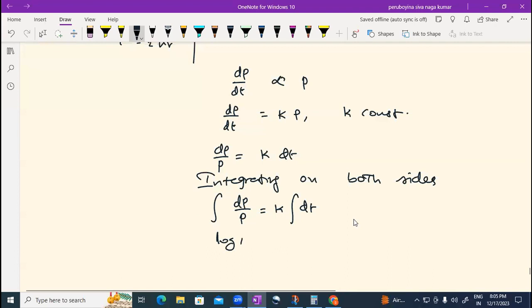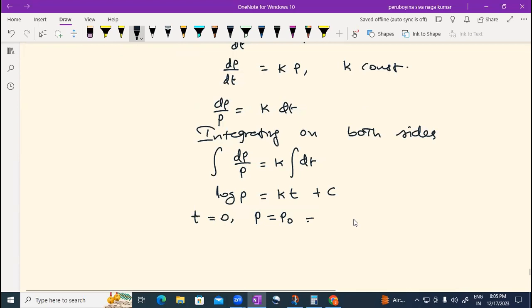Log P is equal to K into T, say plus C. Okay, initial conditions, T is equal to 0 and P value will be P naught. So from these equations, you understand that C value will be definitely log P naught. Okay. So therefore, now the equation is log P is equal to some KT plus log P naught. And we know the P naught value, it may be 1 lakh or something. Okay.